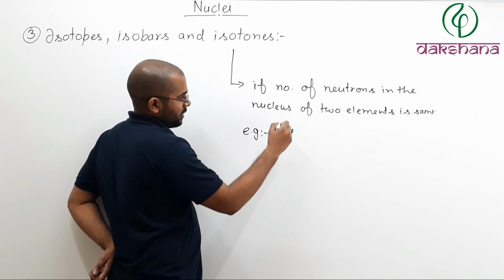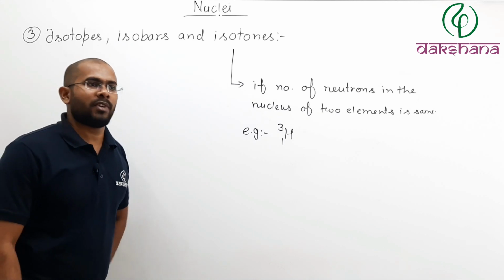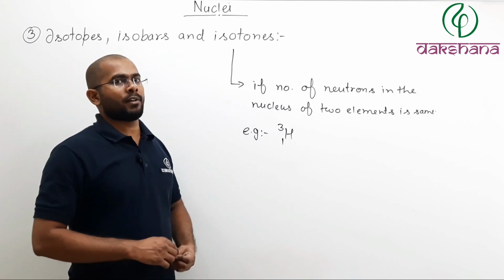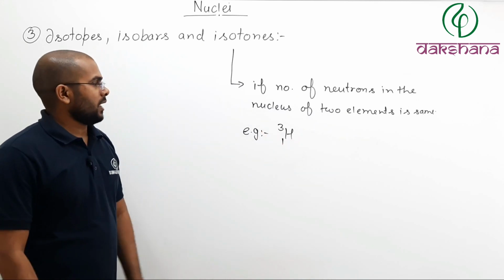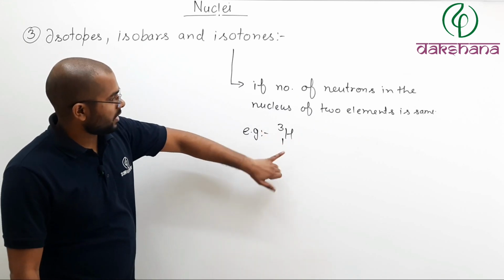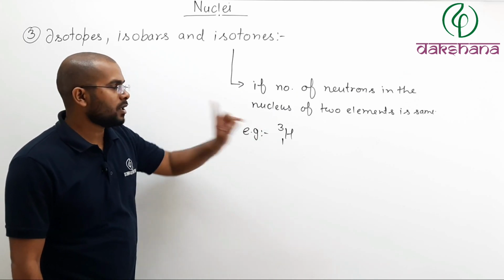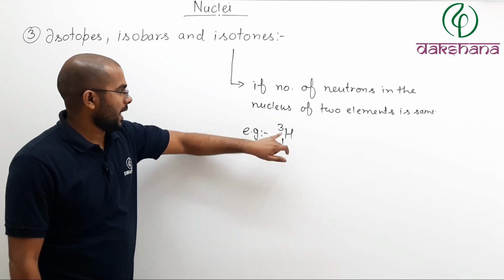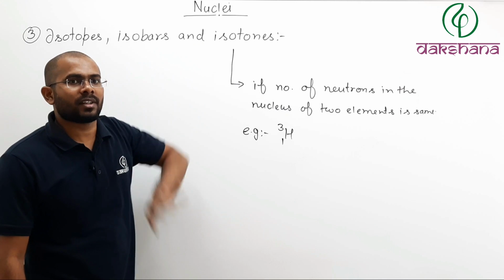Now, hydrogen 1,3 tritium. This is an isotope of hydrogen. Not all of the hydrogen atoms are like this; one isotope is this. Here Z is 1, the atomic number is 1, so there is 1 proton, and the mass number is 3, meaning the number of protons plus neutrons is 3.